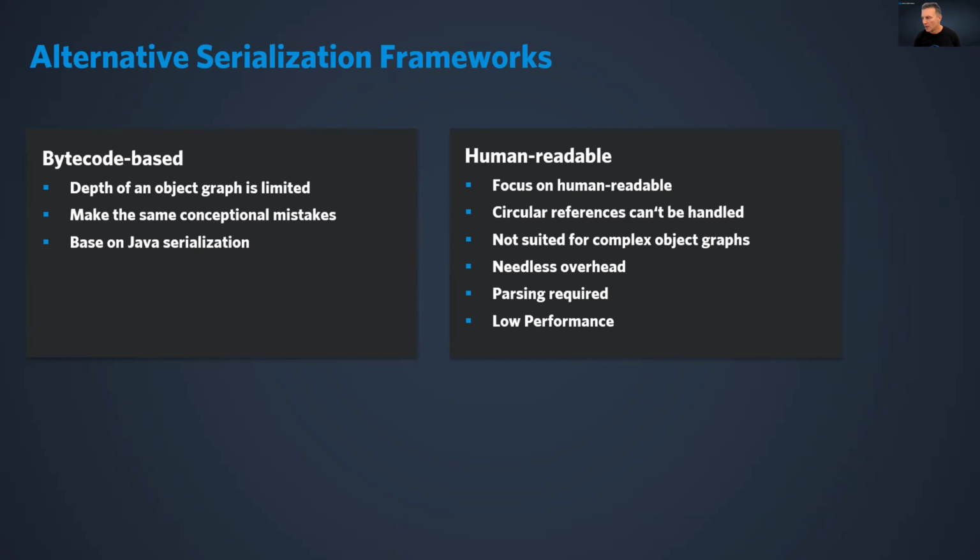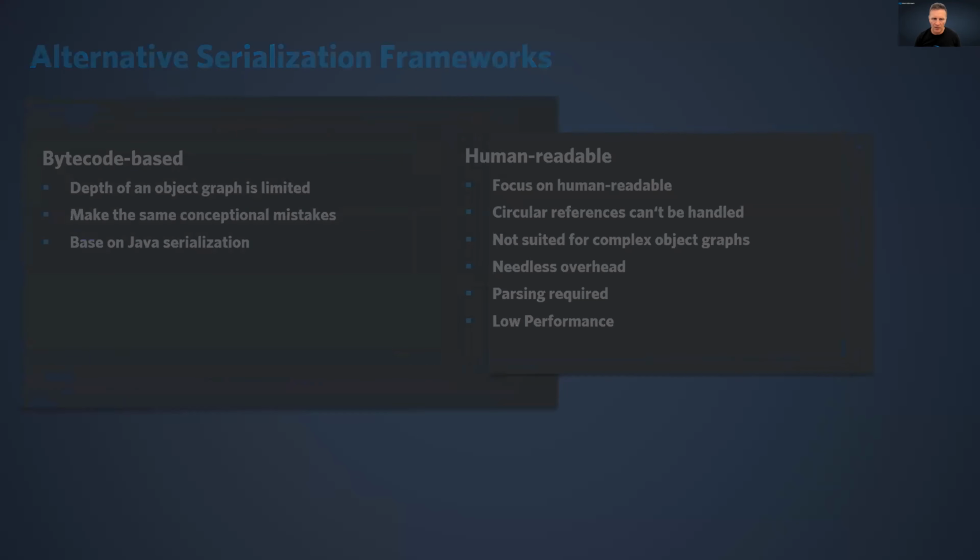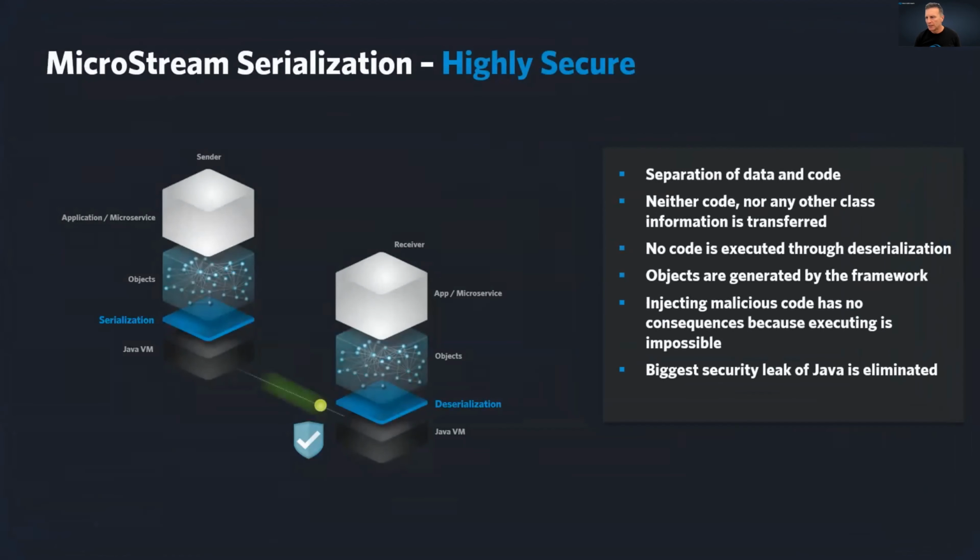Steve, you mentioned that, but then we have this. This leads to other limitations, like it's not possible to serialize more complex object graphs with circular references. So this was the reason why we did it fundamentally different.